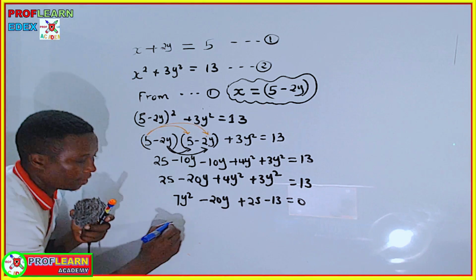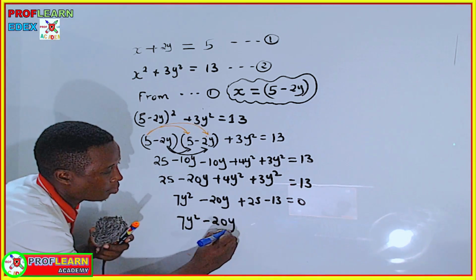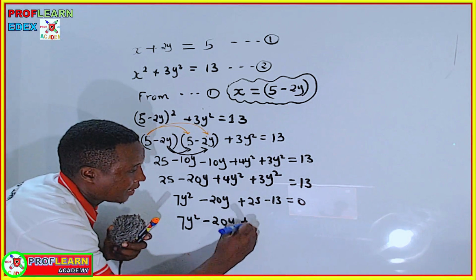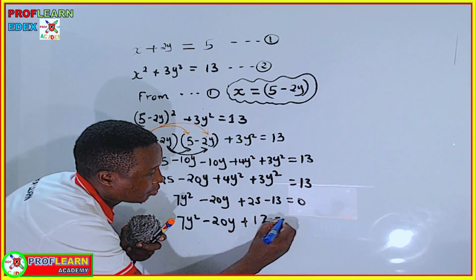If we subtract, 25 minus 13 gives 12. So we have 7y squared minus 20y plus 12 equals 0.